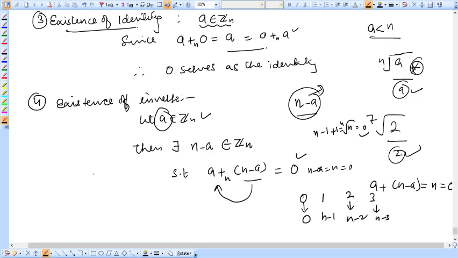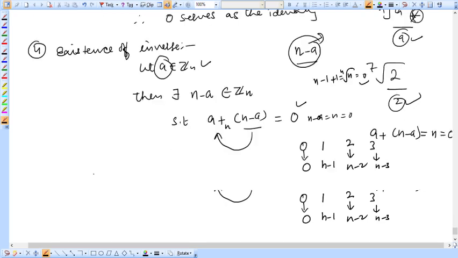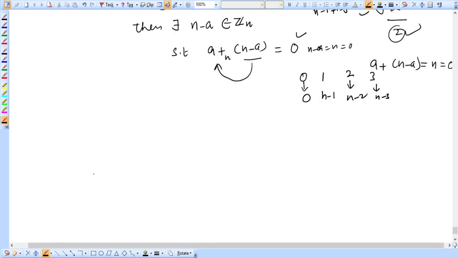In this way you will get the inverse of each and every element of this set. Hence the inverse of each and every element exists. So all 4 properties have been satisfied by this set. Thus we can say this forms a group.